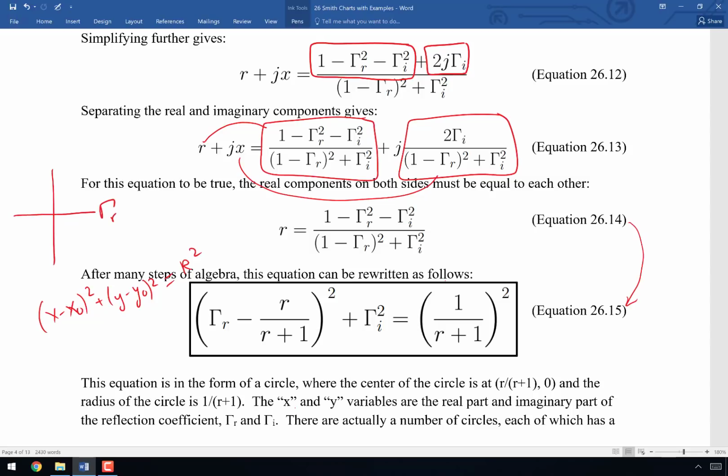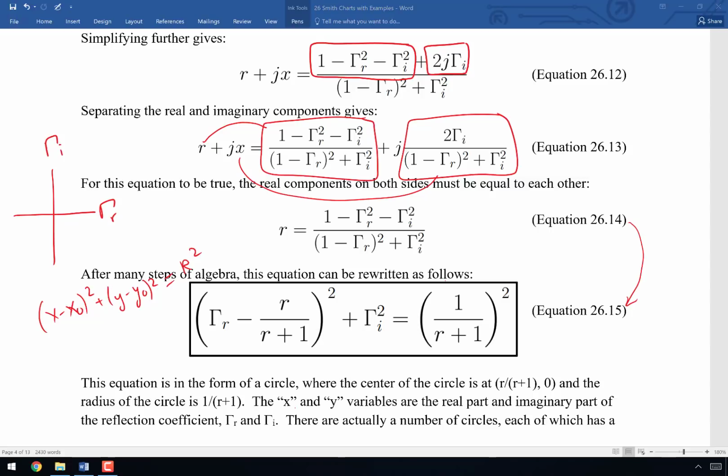We're going to have gamma r along that axis and gamma I along the vertical axis, just as we do a complex plane for other things. We're going to do a complex reflection coefficient plane. Notice that this is of the form gamma r squared plus gamma I squared equals some number squared.